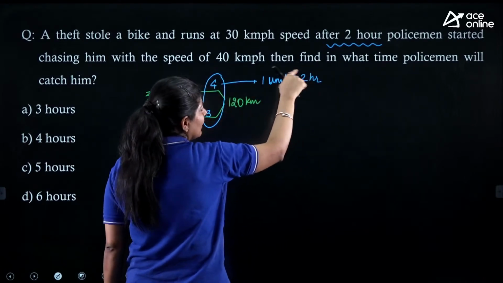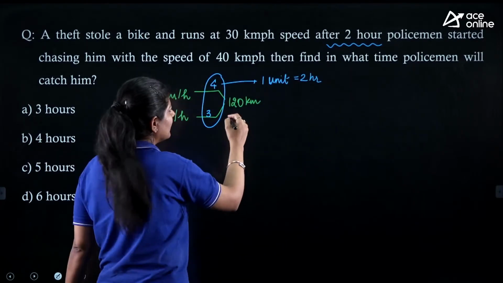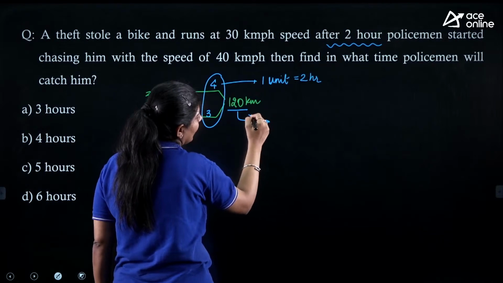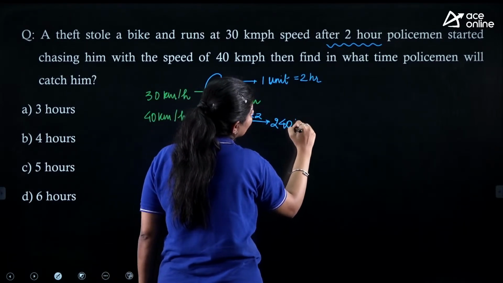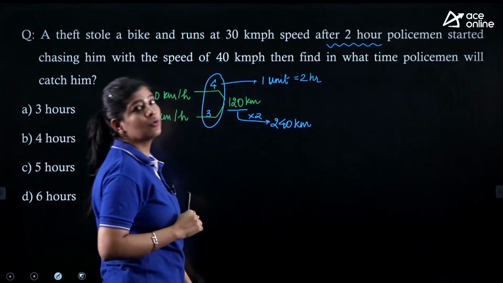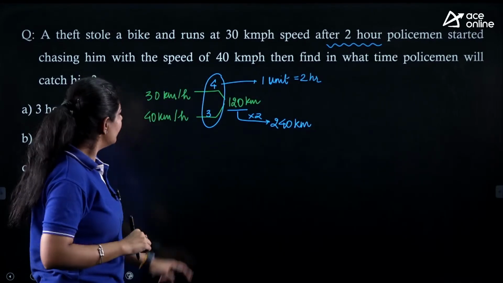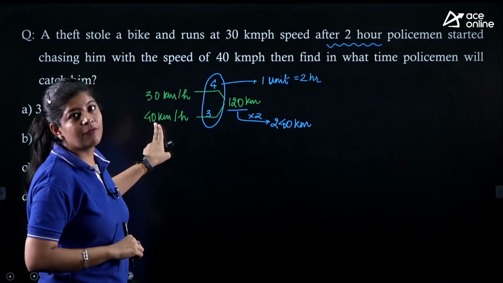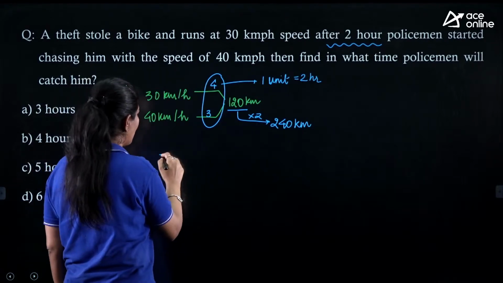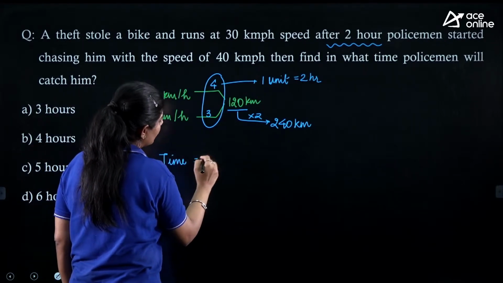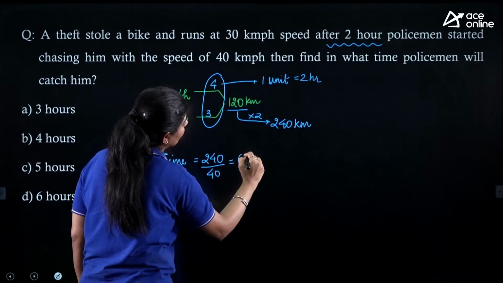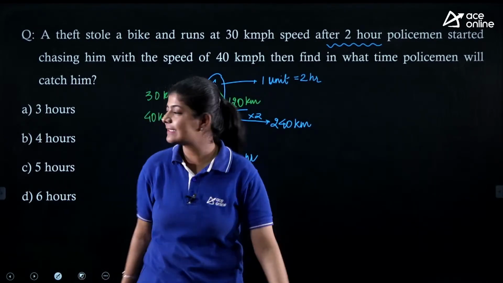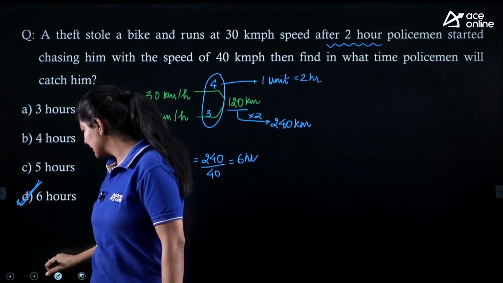If the value of this 1 unit is 2, that means the distance is also present in multiples of 2, and the actual distance that these people need to cover is 240 kilometers. Now if the police is chasing with the speed of 40 kilometers per hour, then how much time will the police take? So distance is 240 divided by 40, and the answer that we got is 6 hours. Very simple. Option number D is the correct one.